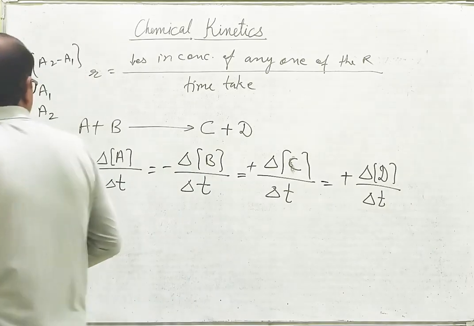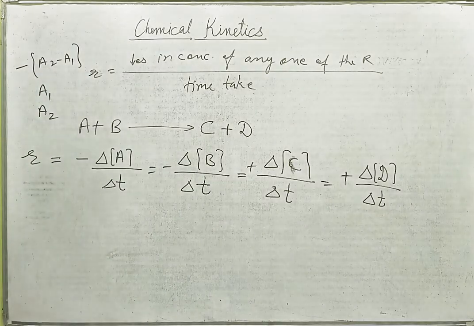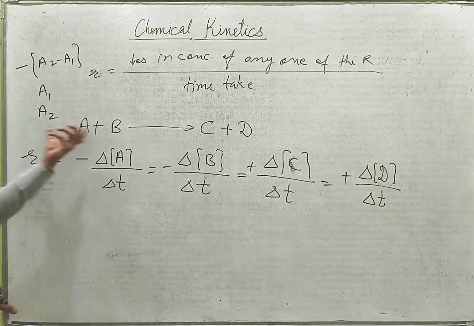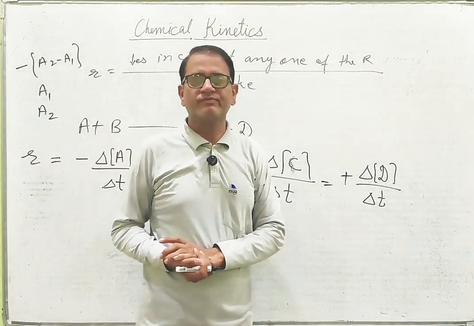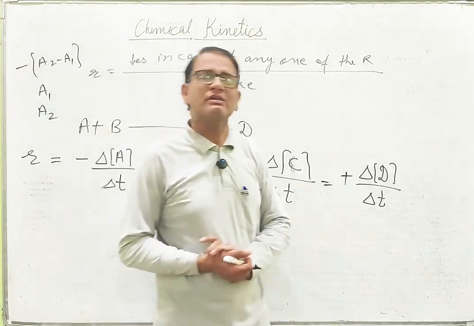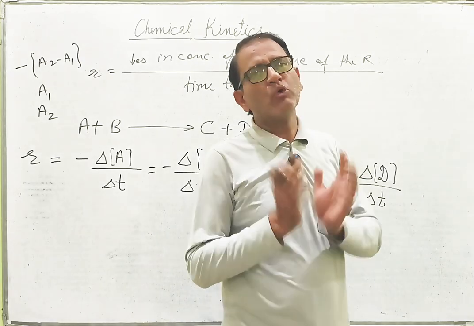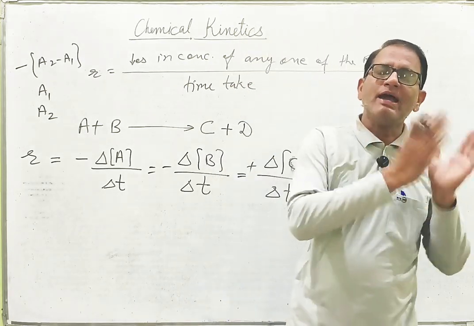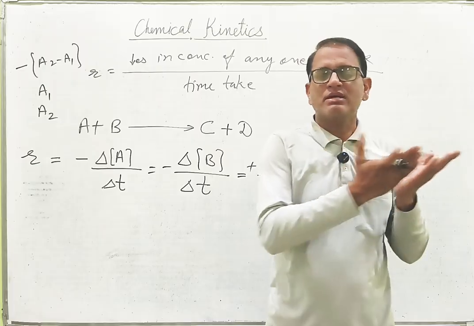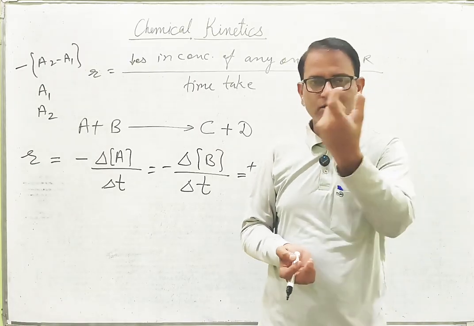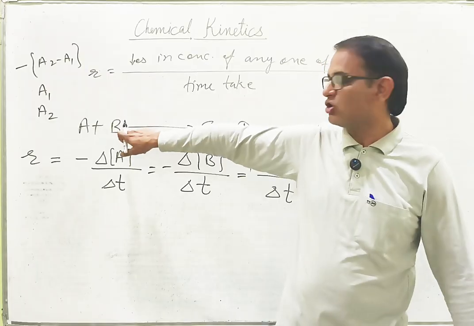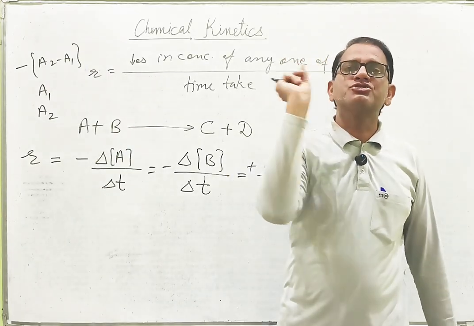Now if we take a reaction in which the stoichiometry is not the simplest one. Stoichiometry means the number of moles of product and reactant in a balanced chemical equation. That numerical value of reactant and product moles is called its stoichiometry.